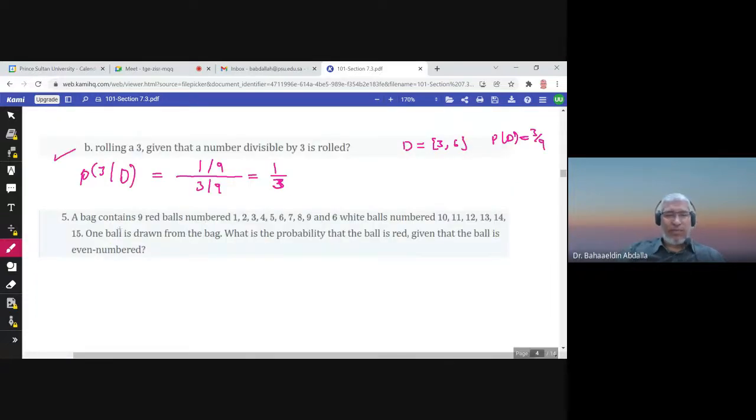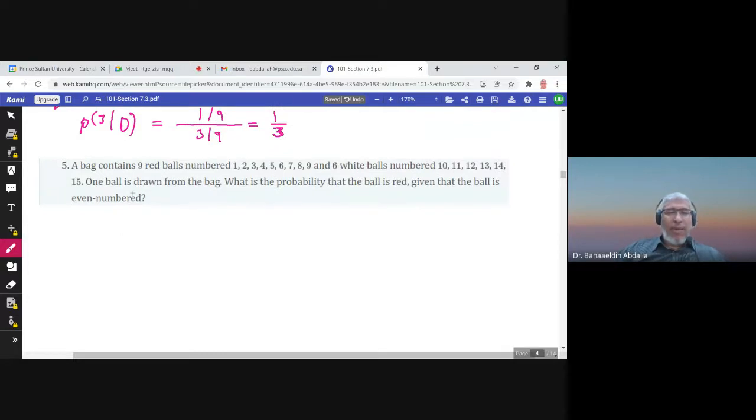A bag contains 9 red balls, numbered from 1 to 9, and 6 white balls, numbered from 10 to 15. One ball is drawn from the bag. What is the probability that the ball is red, given that the ball is even?